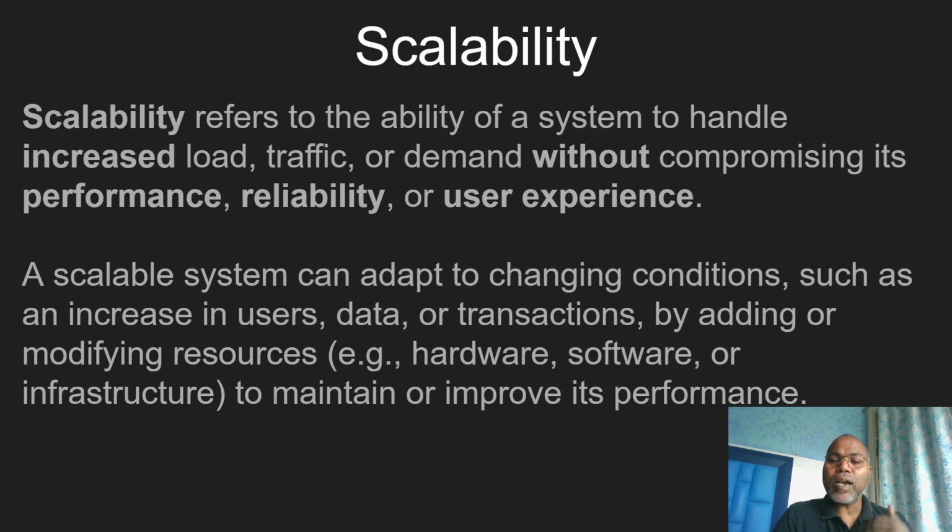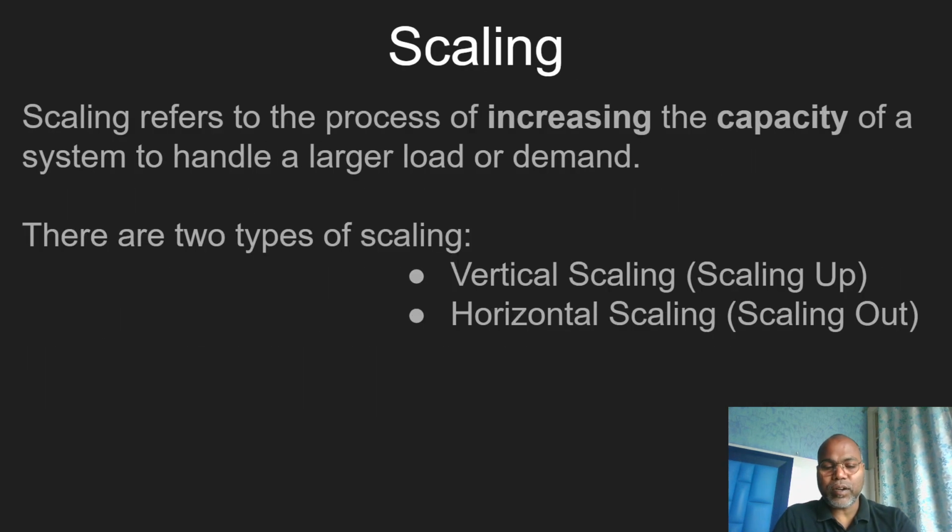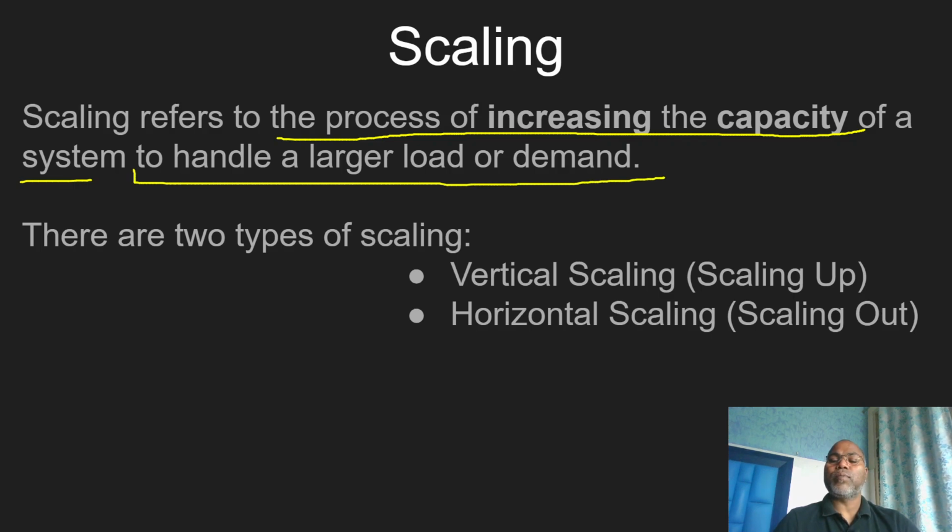So how can we add or remove? What are the ways to increase our resources? These are the two terms we are using. Scaling is the process of increasing the capacity of the system to handle large loads or demand.